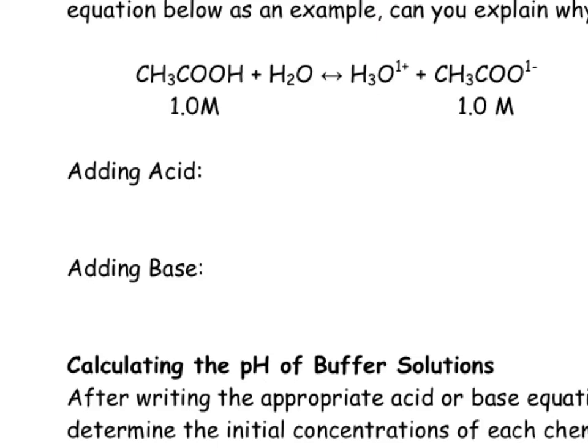Because of this, it will cause a Le Chatelier shift to the left, using the common ion effect. By adding hydronium ion, it will speed up the reverse reaction because there are more reactants available. This means that the extra hydronium we added by adding the acid to the system will be consumed, and the pH will remain relatively stable.